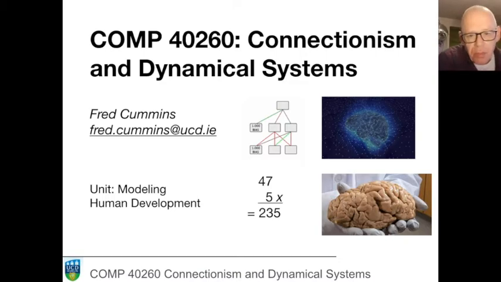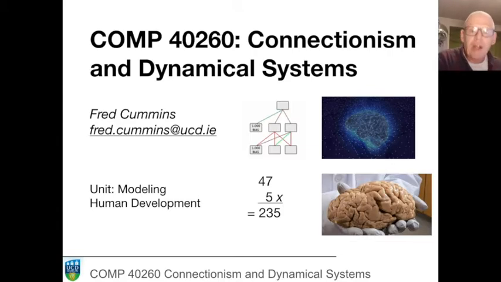In this module unit, we're going now finally to look at how connectionist networks in the 80s and 90s were used to theorize, think, and study actual human development. It was necessary to get a great deal of the preliminaries out of the way in order to understand the various roles that networks and researchers are playing in this business.